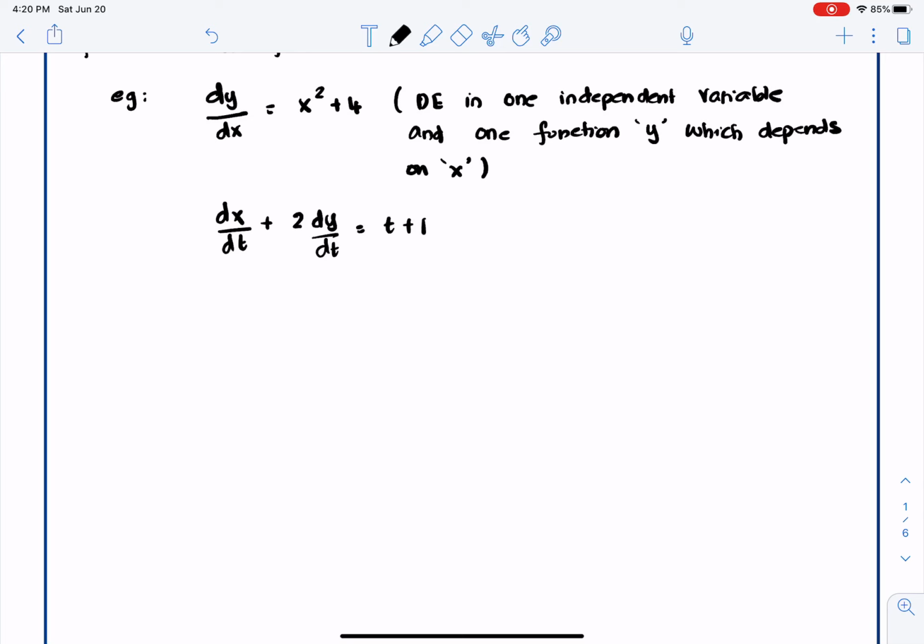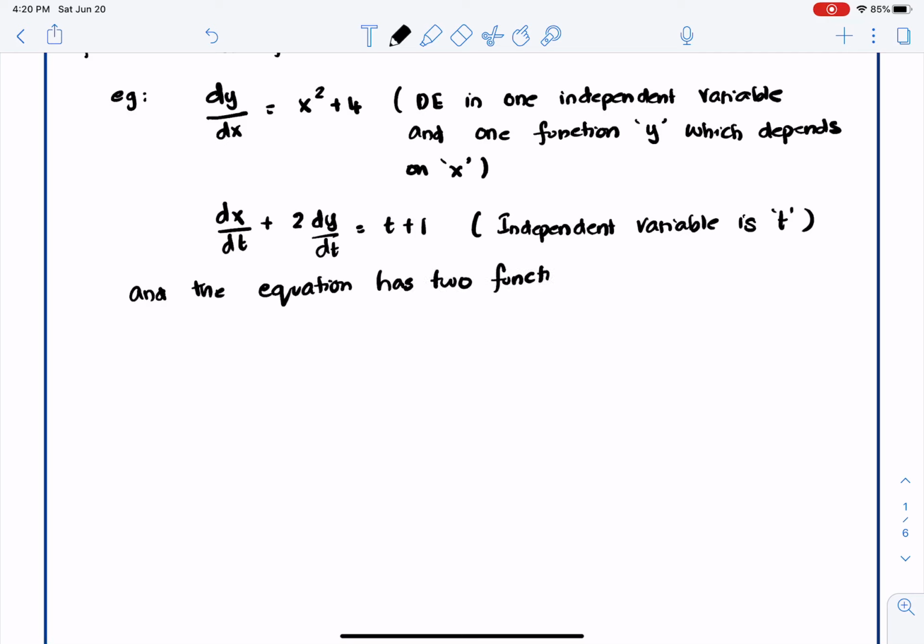Here, the independent variable is t, and the equation has two functions that depend on t, and the two functions are x and y.